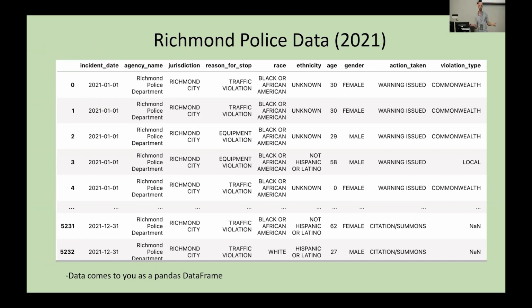It's a Pandas data frame, if you're familiar with the Pandas library in Python. If you're not, it's just tabular data, like a CSV file or an Excel file. This is a snapshot of police data from the city of Richmond in 2021. They have incident level data for traffic stops and things like that.